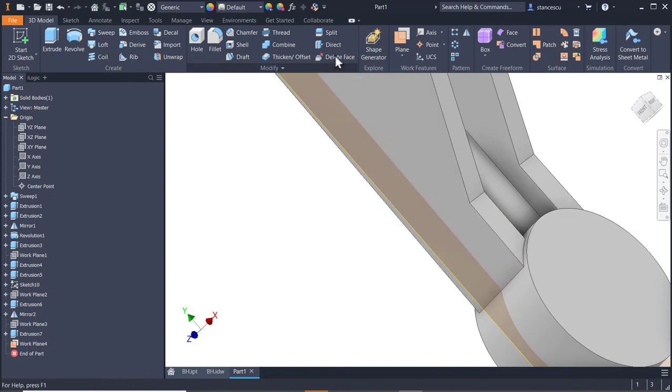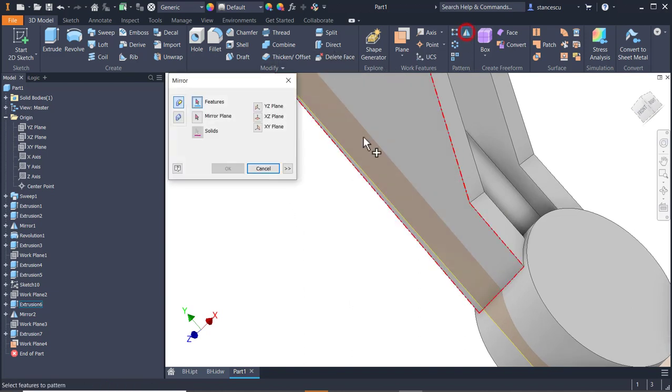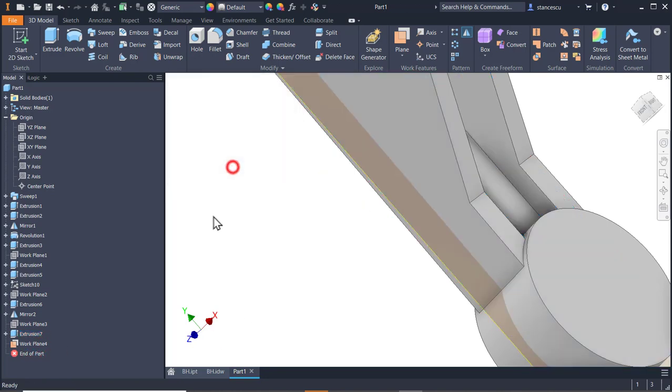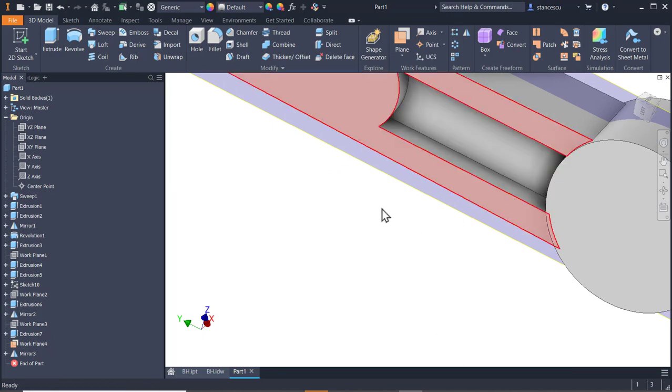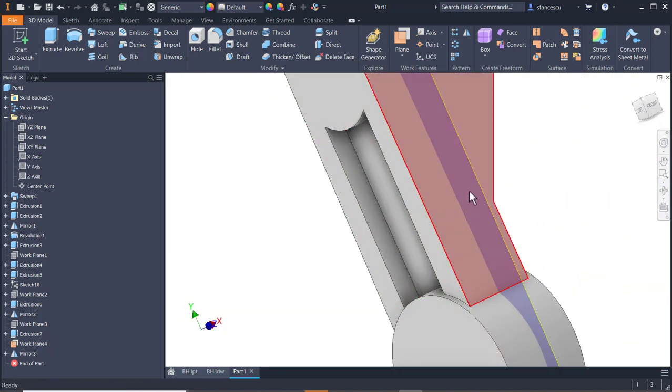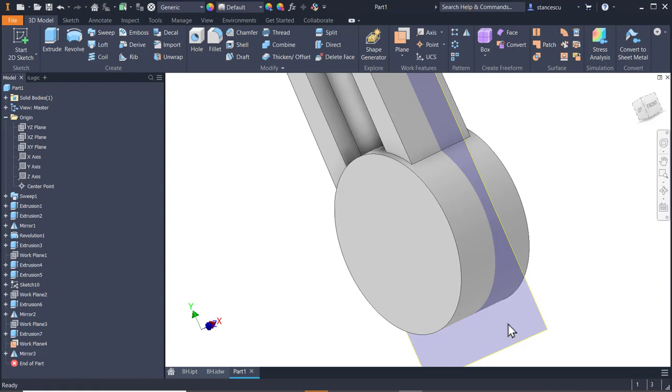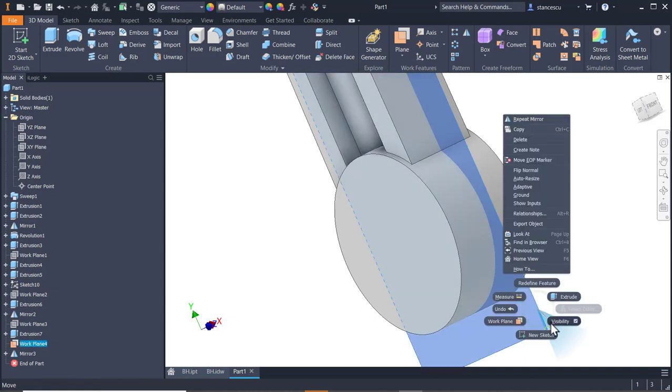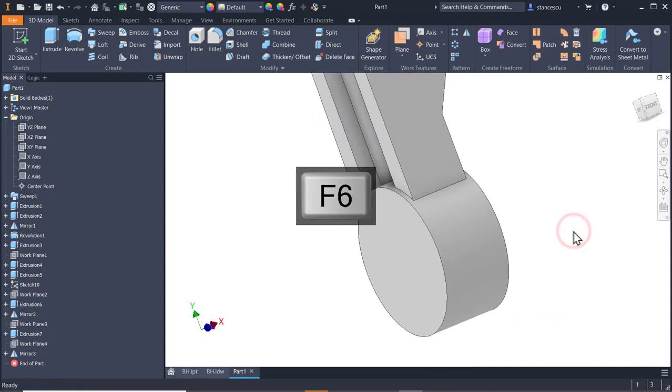Mirror the last extrusion about this plane. Okay, we have also a cut here. Visibility of the plane, F6.